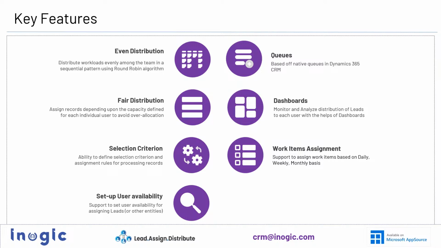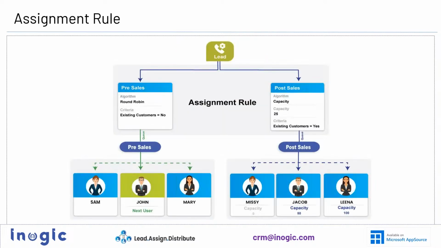Now, let's see the algorithms that are currently supported by the lead assignment and distribution automation with a small graphical example. Now, on your left-hand side, you can see the round robin algorithm, and on the right-hand side, you may notice the capacity algorithm. Now, for the round robin algorithm, you may also observe that I have applied a certain criteria.